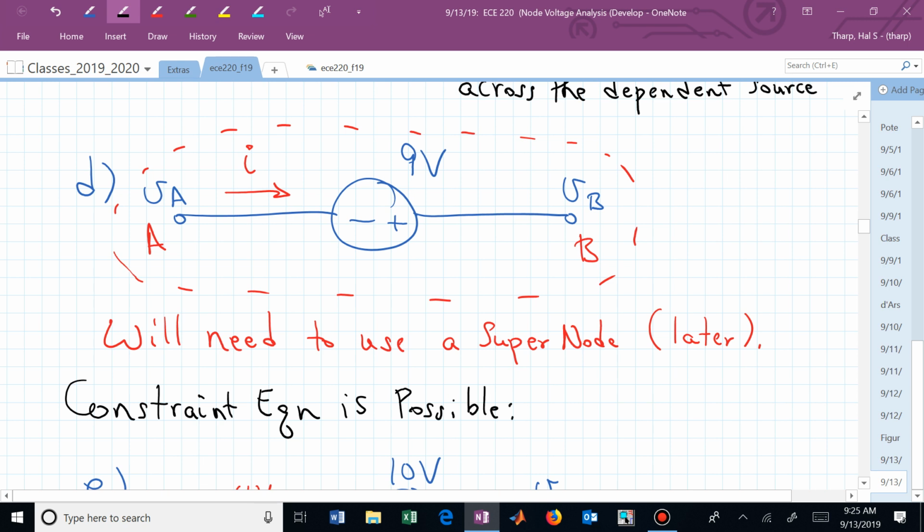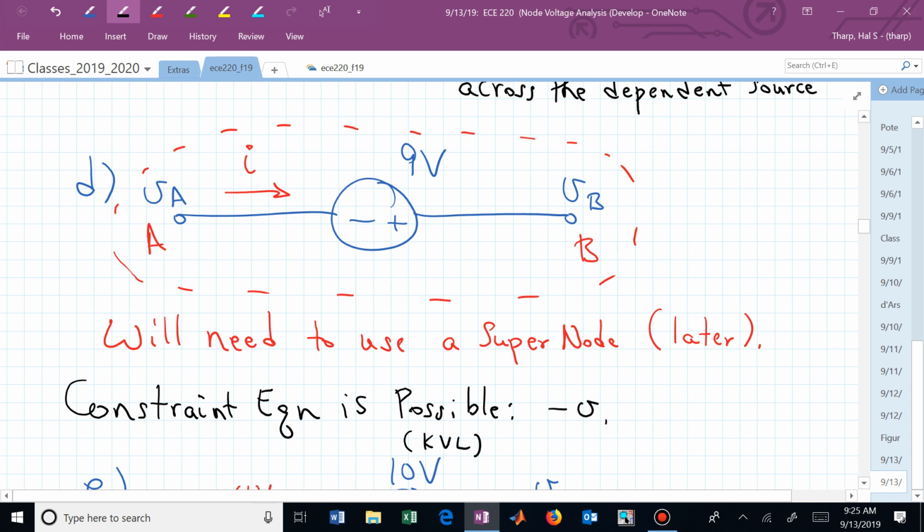We now have a connection between V sub A and V sub B. V sub A is relative to our reference node, and we would go from our reference node up to V sub A, so that's now a voltage rise. That's a negative drop if you're keeping track of drops.